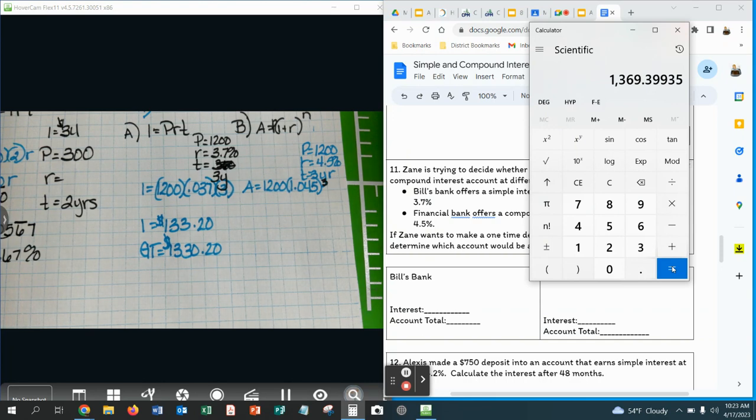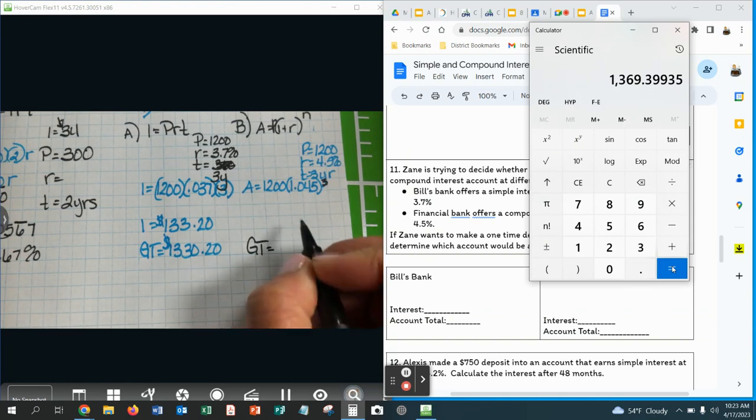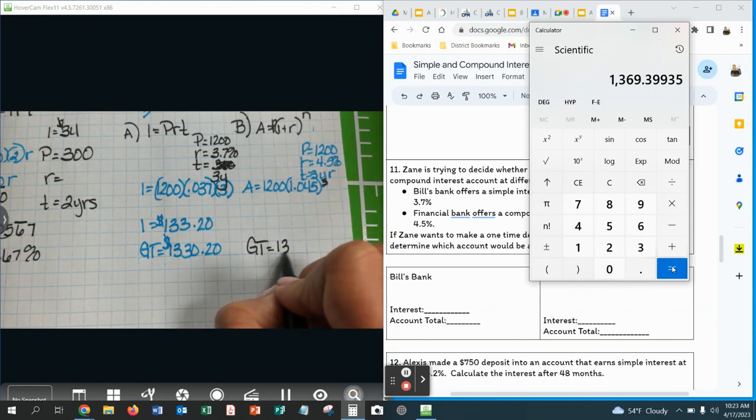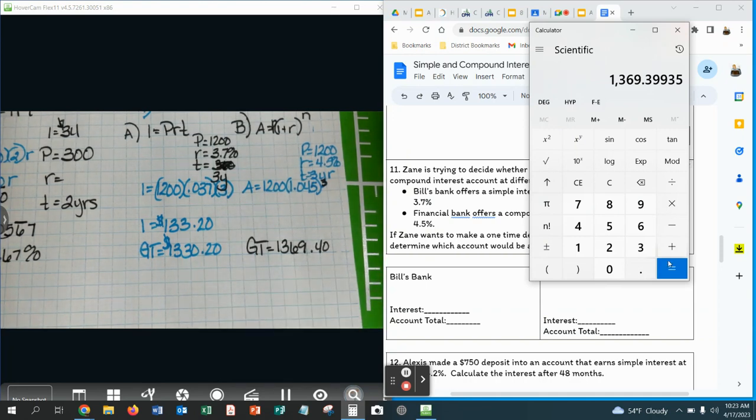And you're going to have the grand total will be 1369.40. I'm also going to subtract to see exactly how much interest.